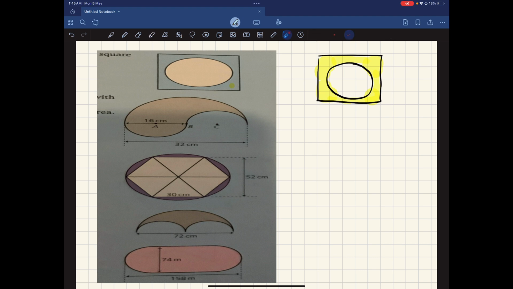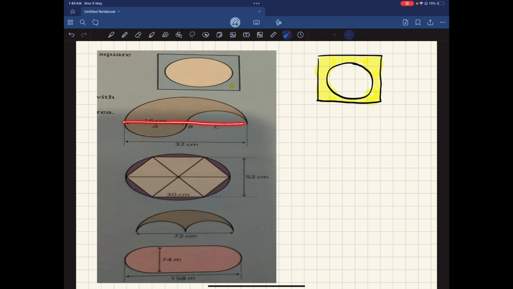Okay, let's move on to the next question. To calculate the area of the shape, you are first going to calculate the area of the semicircle. Because, see, this is going to be equal to this one. This is 32. If this is 16, this is 16. So basically, this will fit exactly into this shape, right?